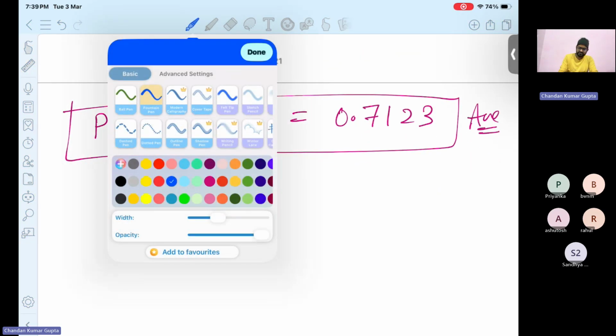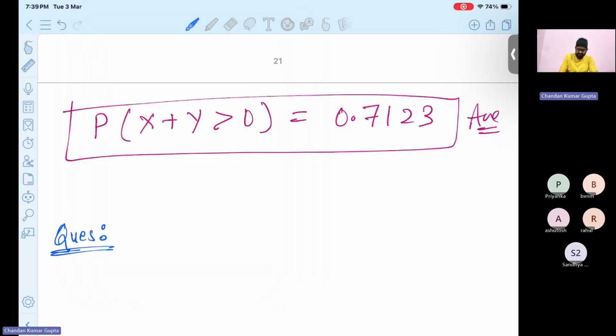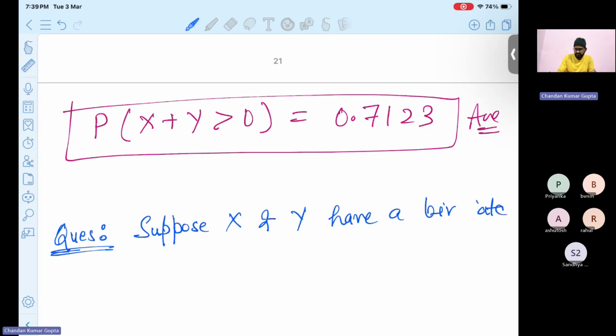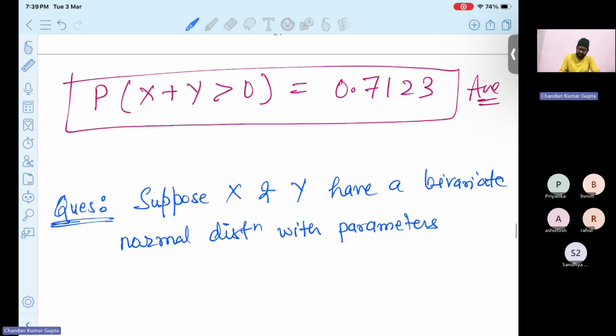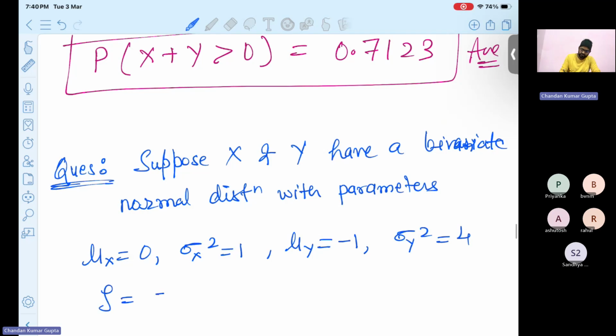So the next question will be: suppose x and y have a bivariate normal distribution with parameters mu x equal to 0, sigma x square equal to 1, mu y equal to -1, sigma y square equal to 4, and rho equal to -1/2.